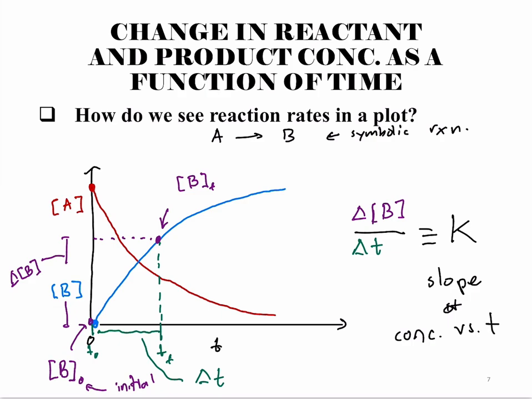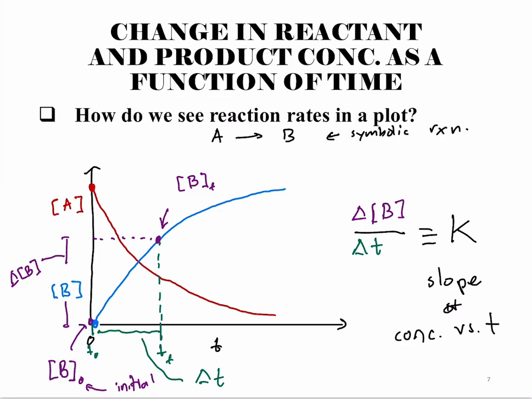And depending on the type of reaction, we see that the slope, which is the line tangent to the curve, changes as the reaction proceeds. Which means the reaction rate changes as time changes, which is what we would expect because concentrations are changing. So we have this feedback loop where the reaction rate changes with time for certain reactions. For other reactions, it might not change, and we'll talk about that a bit.